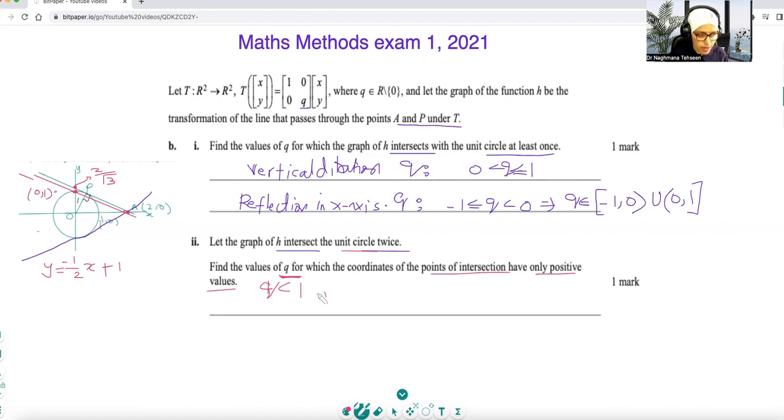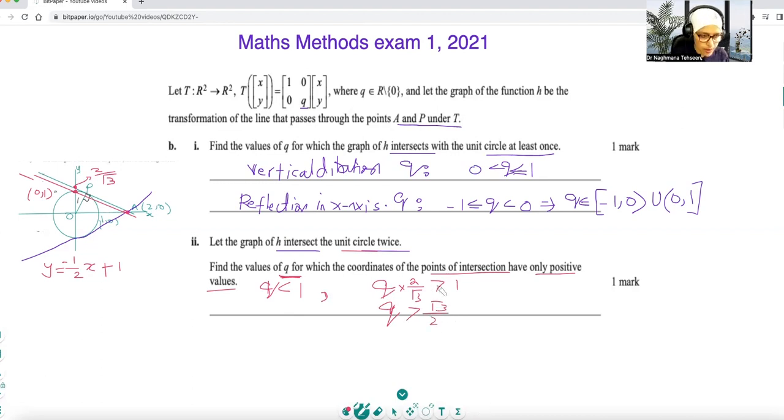So that means Q has to be greater than that. If you multiply with that factor, it has to be greater than 1, or you could write it like this: Q has to be greater than root 3 over 2.